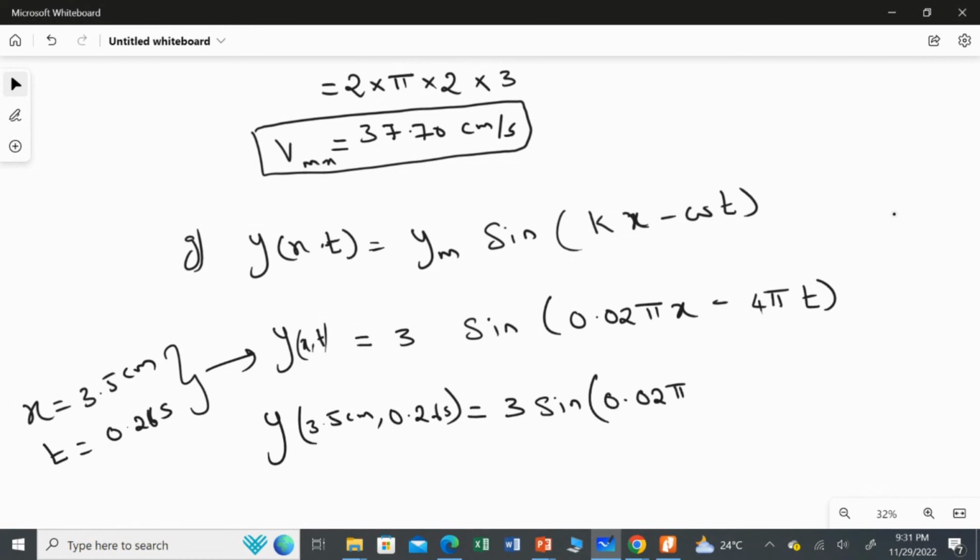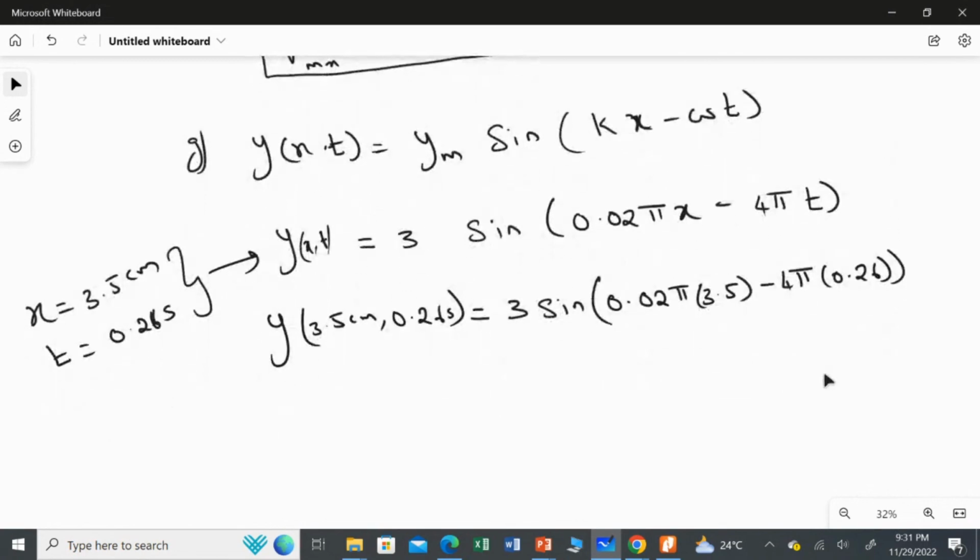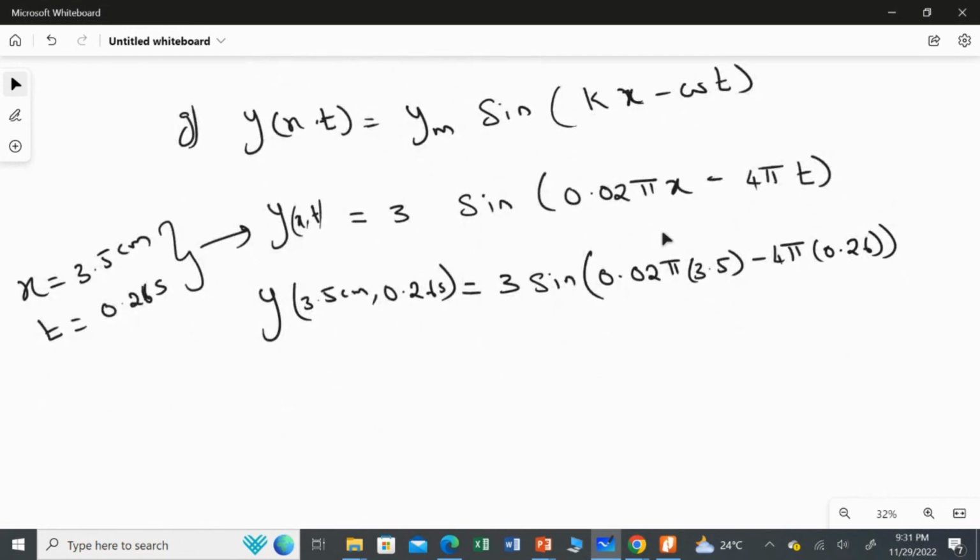0.02 pi, and the value of x multiplied with 3.5, minus 4 pi, the value of t, which is 0.26. Now if you want to find the transverse displacement, you have to multiply everything on the right hand side. So 3 multiplied by sine of 0.02 pi times 3.5 minus 4 pi times 0.26.